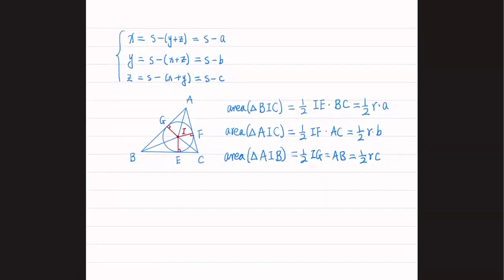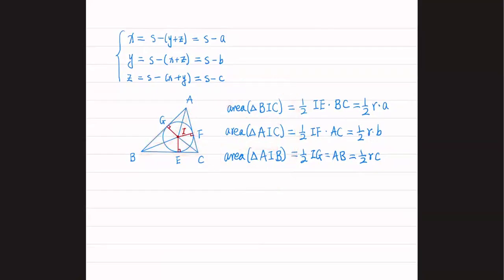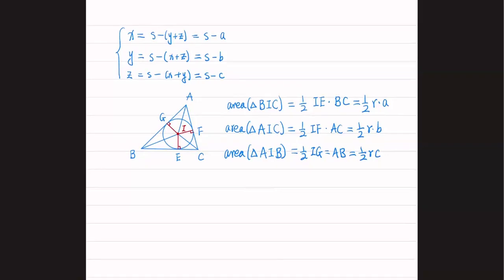Okay, Jessica, if I add all three of them, what do we get? This one, this one, this one. What's the summation of the total area? So this will be the area of the triangle ABC. So if we add them together, 1/2 R times (A plus B plus C) equals the area ABC.